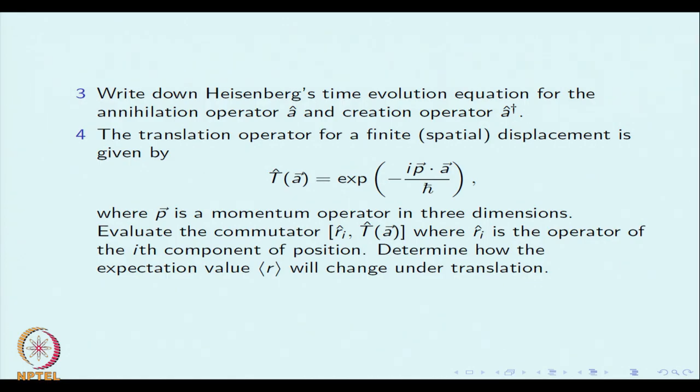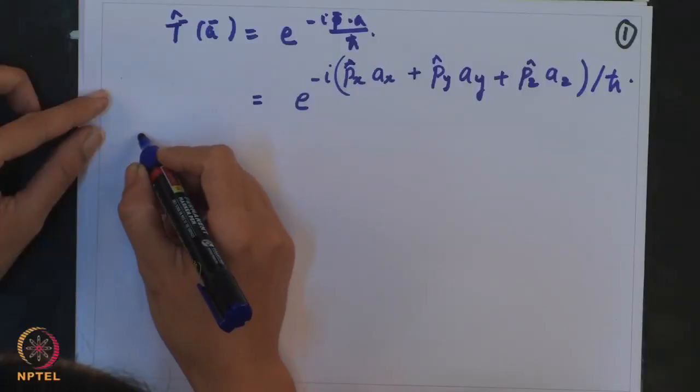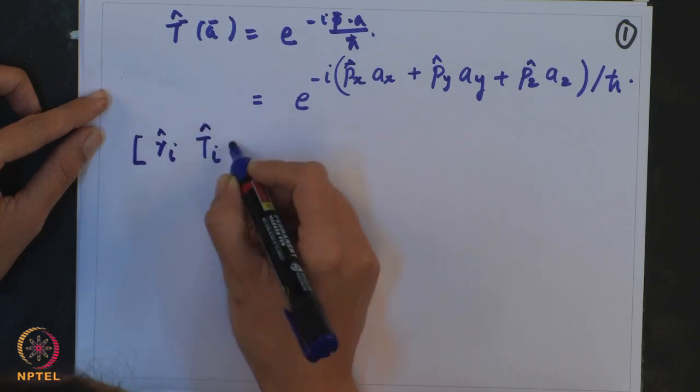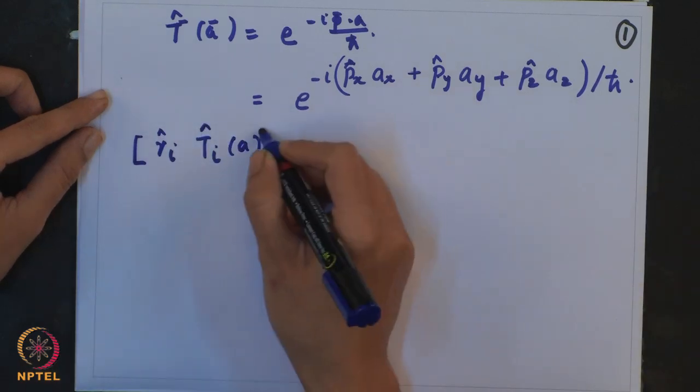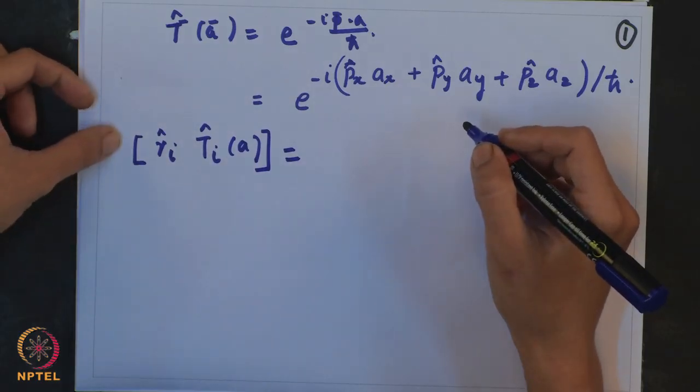So, R_x or R_1 will give me the x direction, then I can have the y direction and z direction. Let us start by writing a specific case: we first evaluate [R_i, T(A)], and then we generalize the result later.